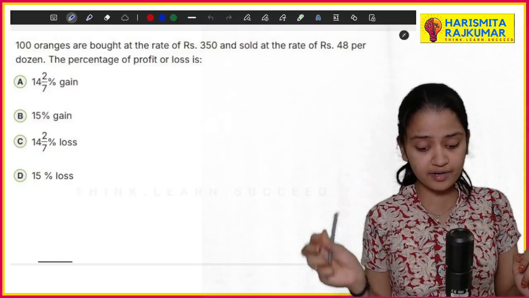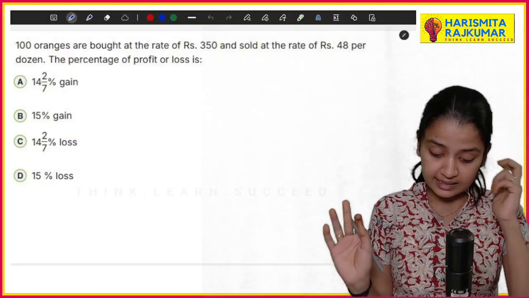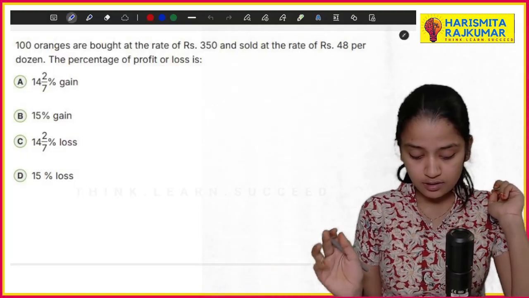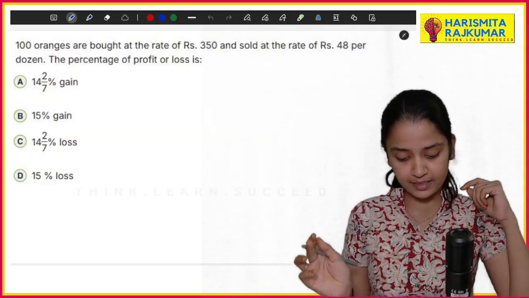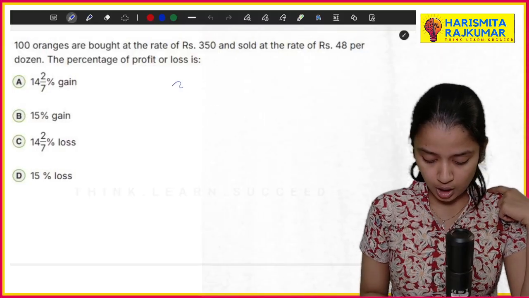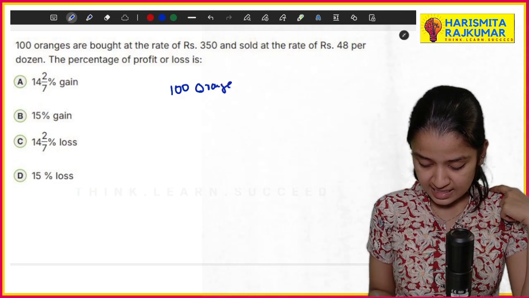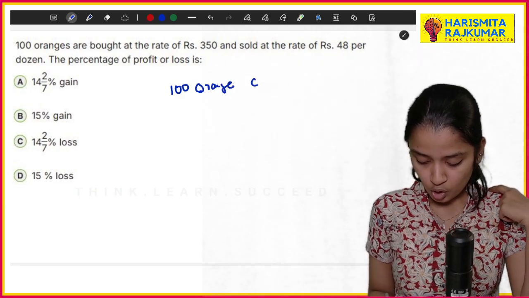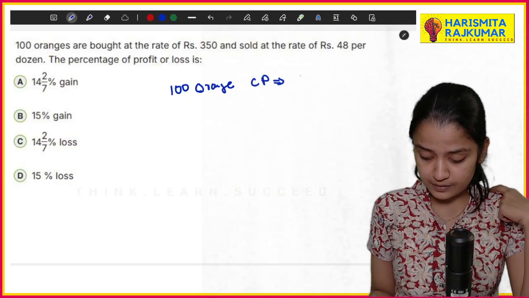Now, 100 oranges are bought at the rate of 350 rupees and sold at a rate of 48 per dozen. So the CP, cost price of 100 oranges is 350 rupees.